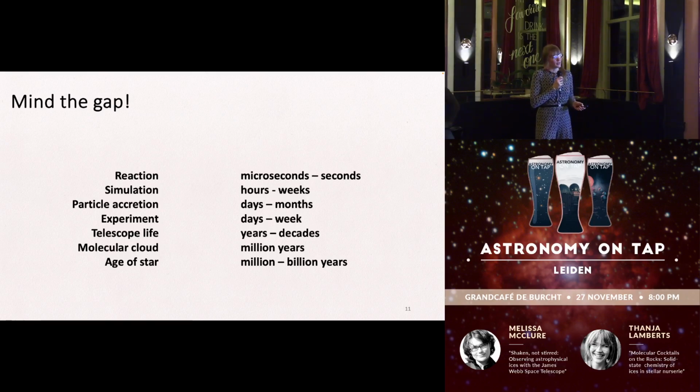But the processes that we are interested in are actually on extremely long time scales, right? Millions of years. So how can we bridge this gap between knowledge that we obtain from chemistry and something that is actually being observed? How can we understand these very short time scales and link them to the very long time scales?